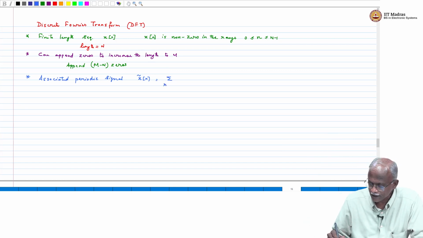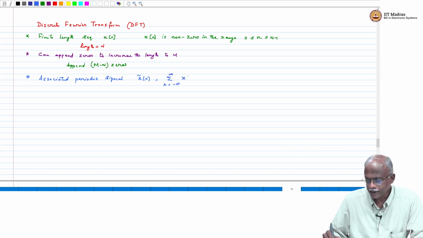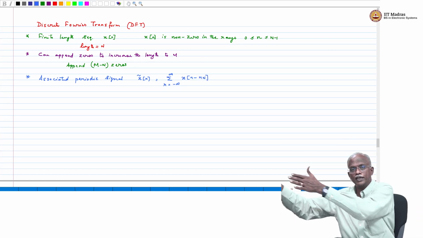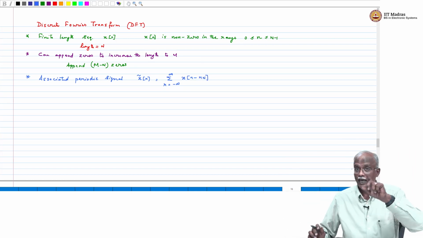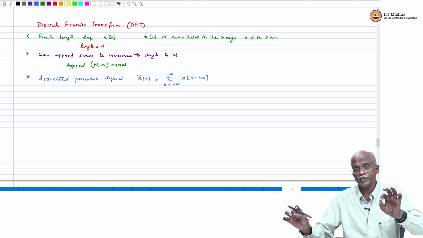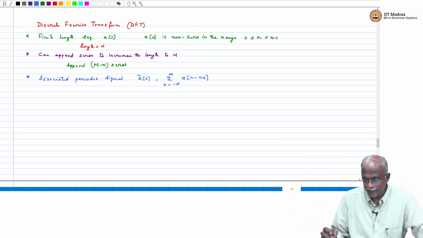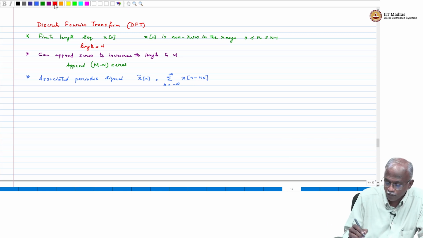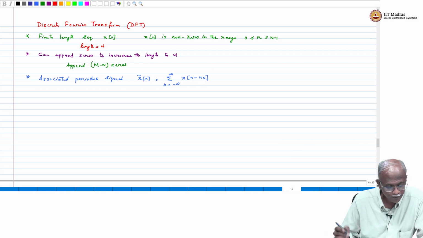So basically this is the sum over r from minus infinity to infinity of x of n minus rN. You're basically repeating the sequence x of n with a spacing of N. And remember, if you choose N sufficiently large, you will not get any overlap, and that is what we want to establish here.